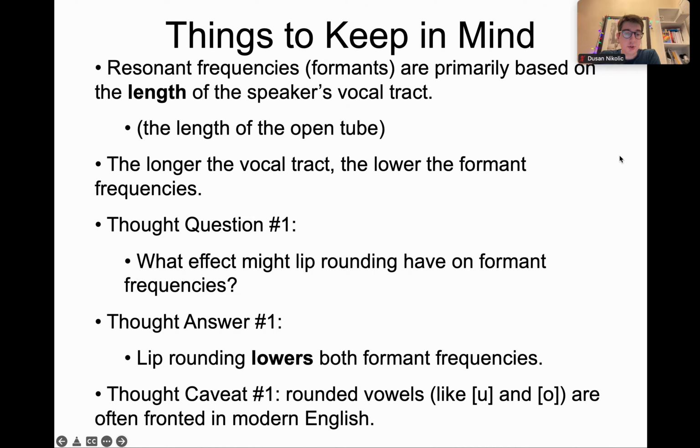Another thought is that rounded vowels like oo and o are often fronted in modern English, right?